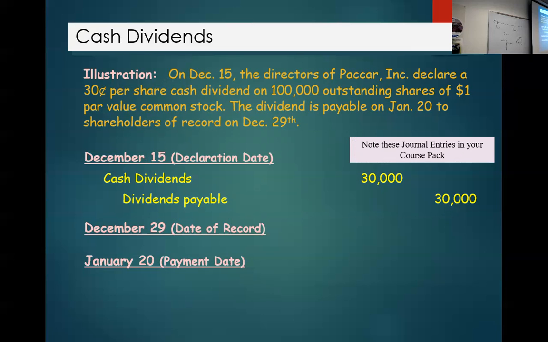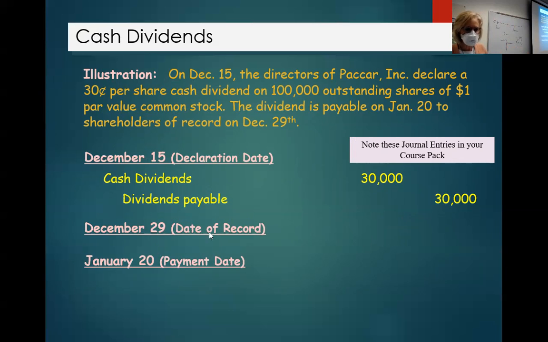Okay. So, dividend is declared, liability is acknowledged. At the end of the year, cash dividends are closed. We know that, right? Revenue, expense, dividends, those all get closed to retained earnings. Stockholders of record is whoever owns the stock on December 29th gets the dividend.